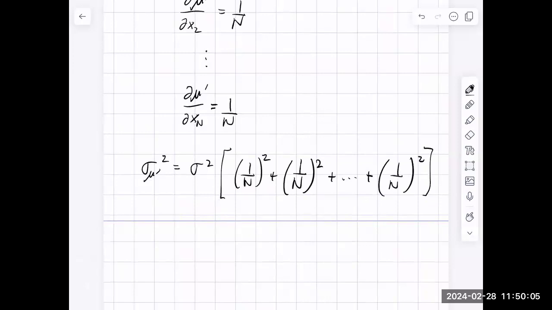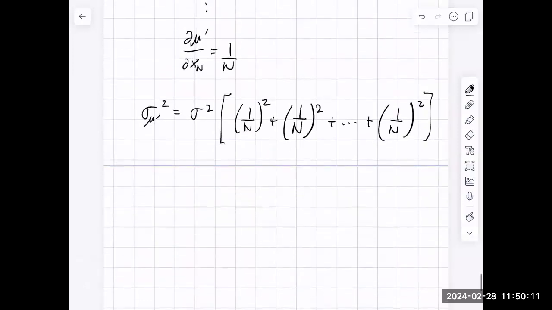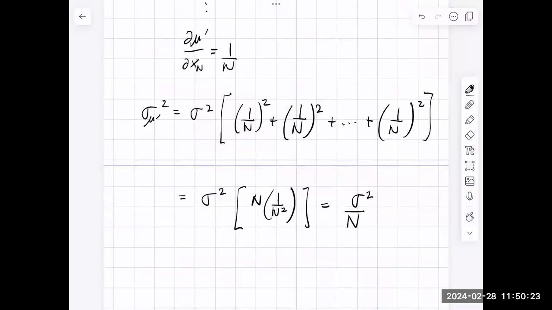How many terms are in this square brackets? N of them. So this is n times 1 over n squared. So this is sigma squared, n times 1 over n squared. And so that's equal to sigma squared over n. And lo and behold, therefore, sigma mu prime is equal to sigma over the square root of n.